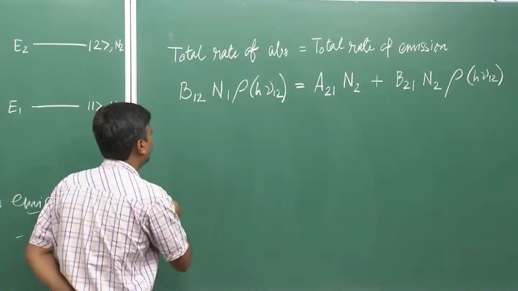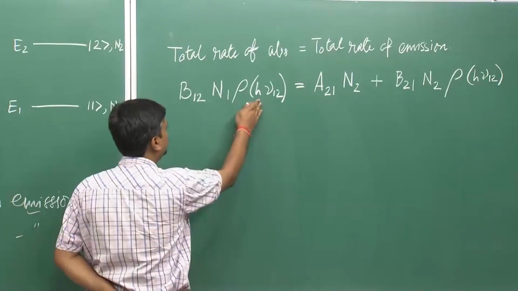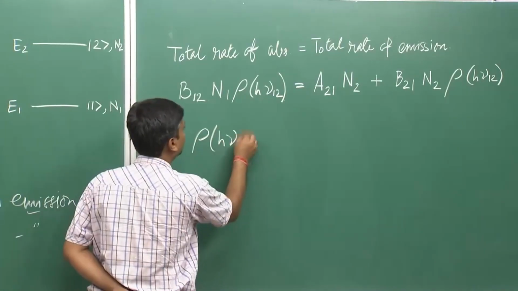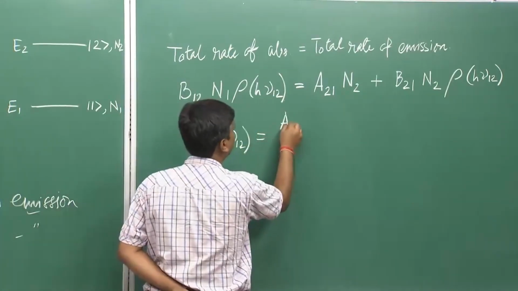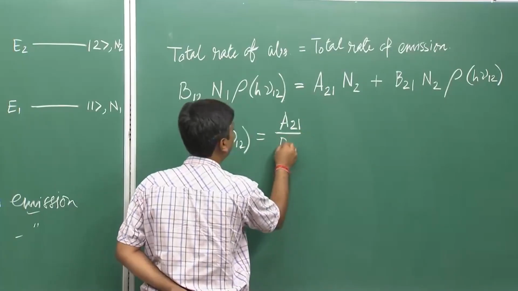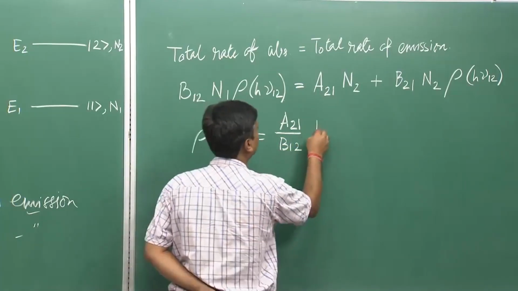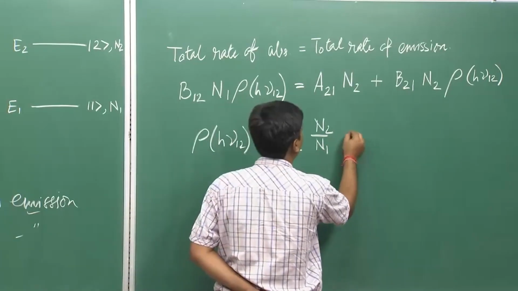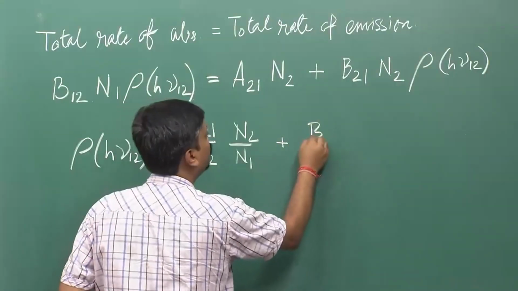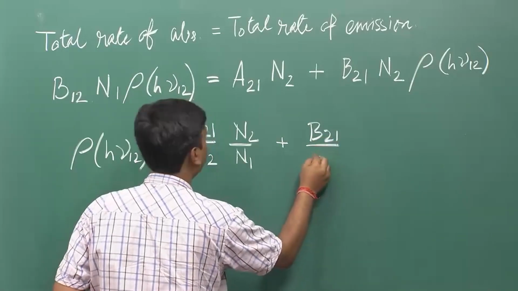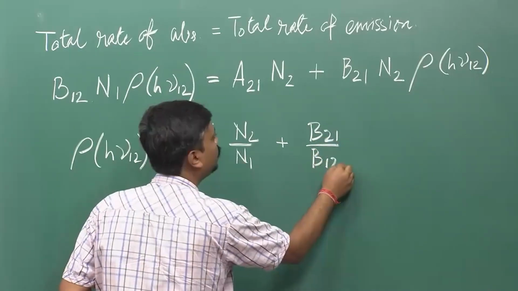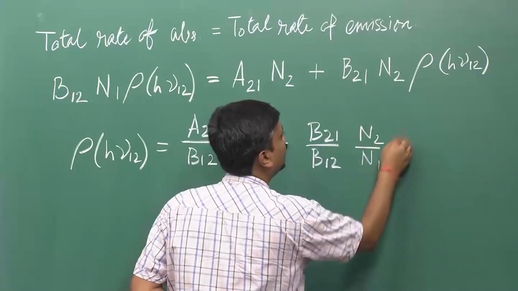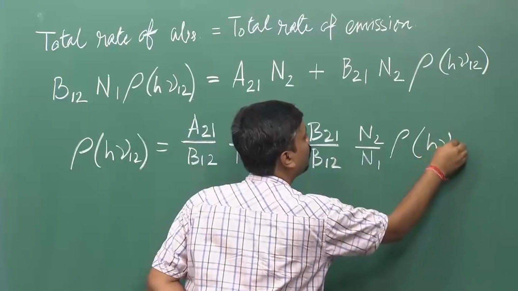So, now if we rewrite this as A21 by B12 N2 by N1 plus B21 by B12 N2 by N1 multiplied by rho.